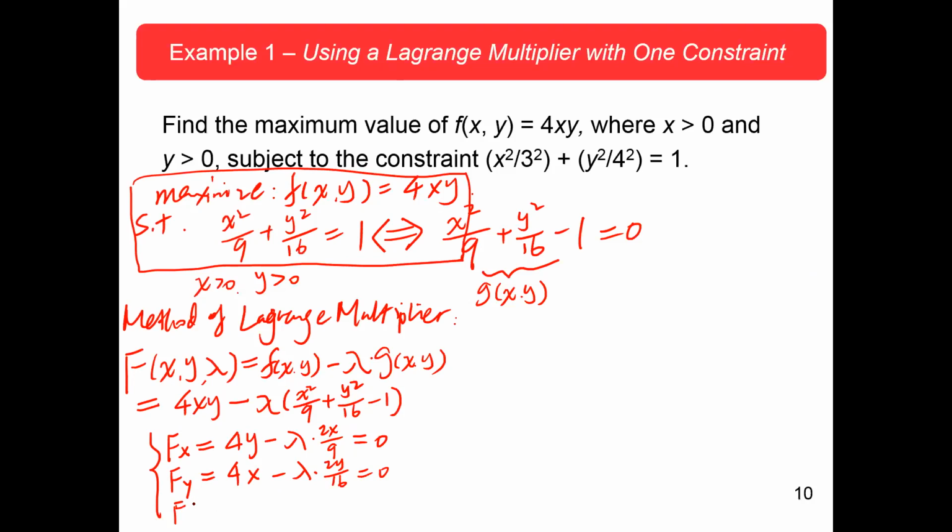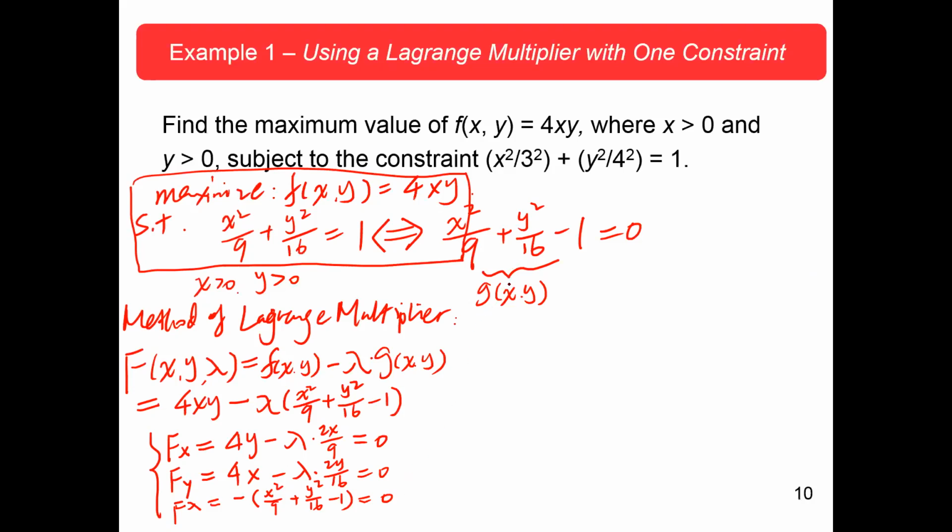The partial lambda. Partial lambda basically is just about this part, right? It's about the constraint. So the negative of x squared over 9 plus y squared over 16 minus 1 equals 0. This is basically rephrasing the constraint, right?